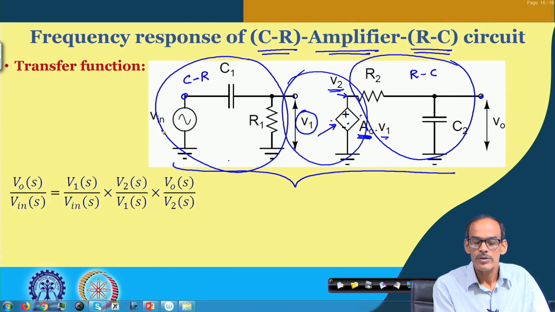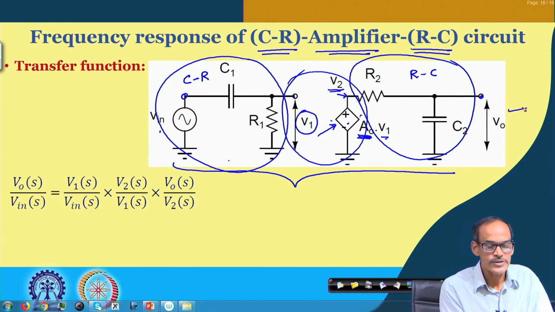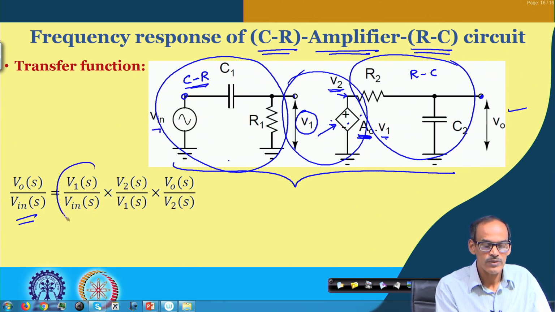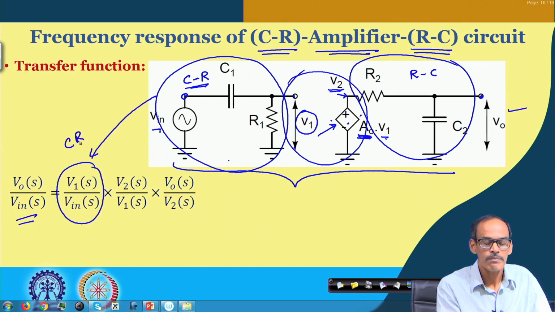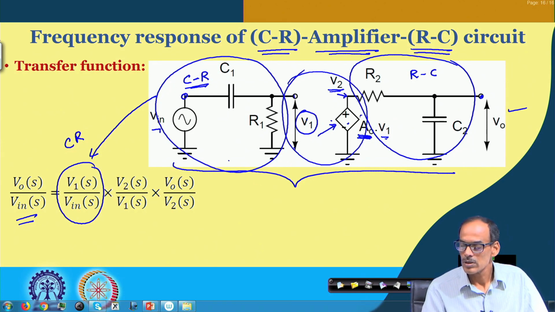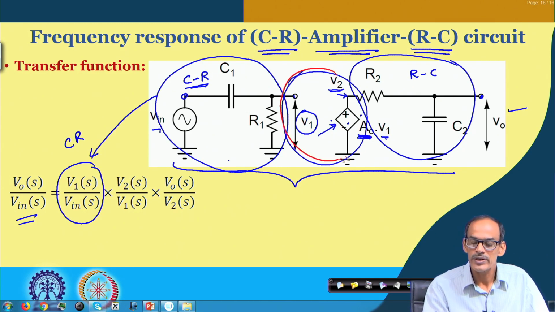From primary input to primary output, we can split the transfer function into 3 components. One is coming from the CR circuit, namely V1 divided by V in. This is the first part. The second part is coming from the amplifier.